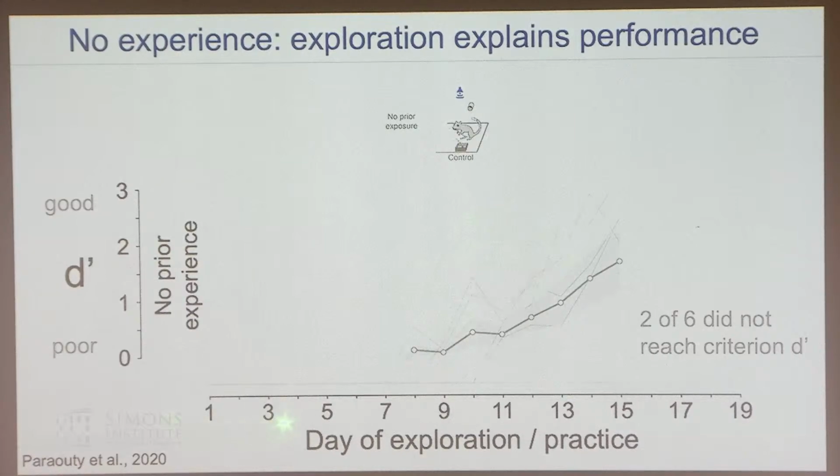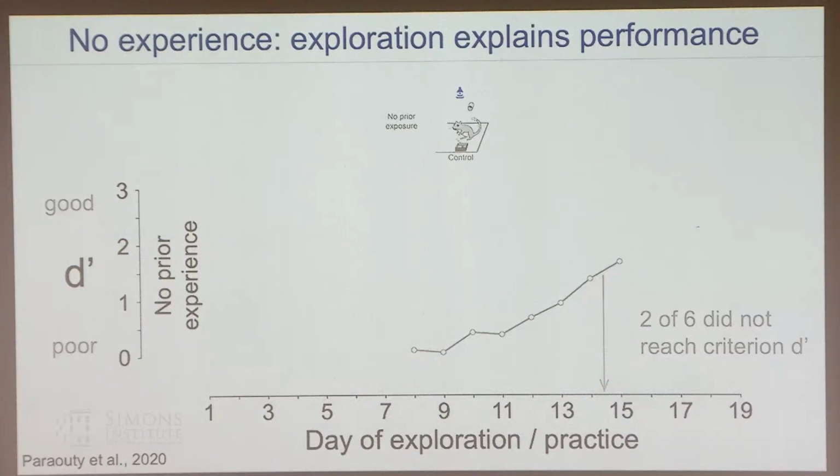The way to read this graph is that the x-axis is the day of what I've called exploration or practice. Exploration before they know anything, practice once they're starting to figure it out. And the y-axis is d prime, how well they were able to discriminate between these two amplitude modulated sounds. What we found was that animals, on average, could get this task after about 14 days.